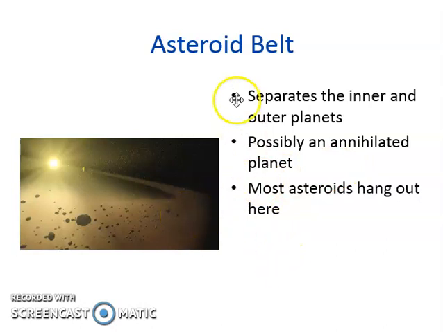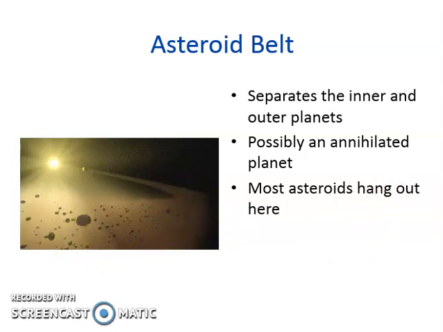Some scientists say that asteroids are just crashed rocky planets floating here. So they are like broken pieces of planets. Possibly in millions of years, these asteroids will form another planet, according to the scientists. Most of the asteroids are just hanging in the asteroid belt, floating here.